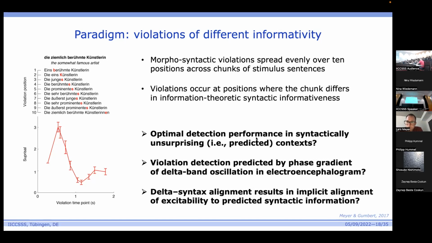But then we also wanted to know whether there's a relationship, that's the hypothesis we had, between this violation detection performance and the phase gradient of this low frequency oscillation. Because again, we've claimed already there's a relationship between those chunks and the slow frequency cycles, we know that the cycle is excitability. And so excitability predicts that the performance fluctuates across the chunk, right?